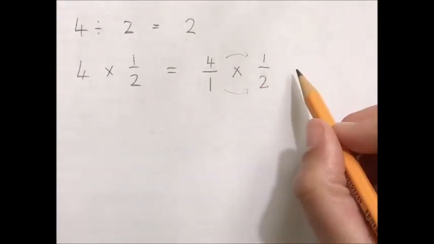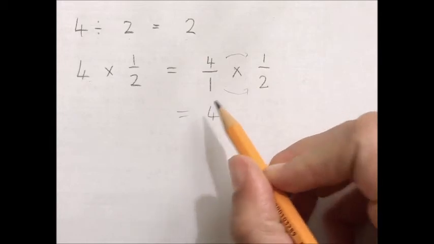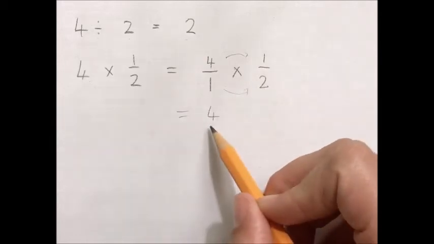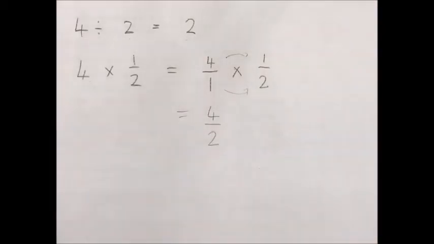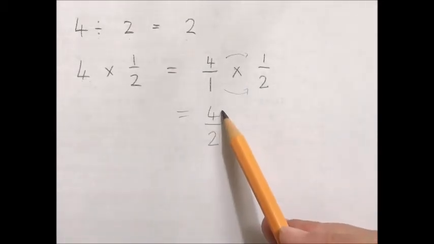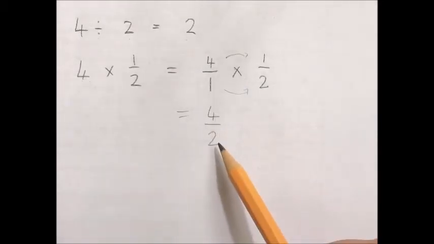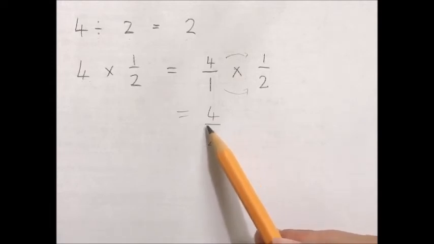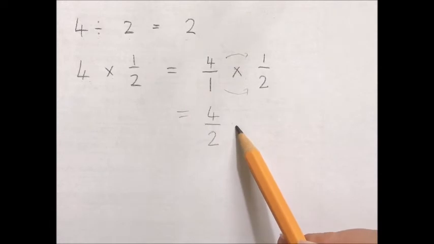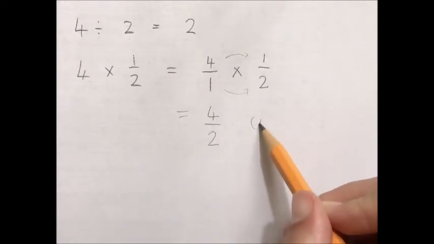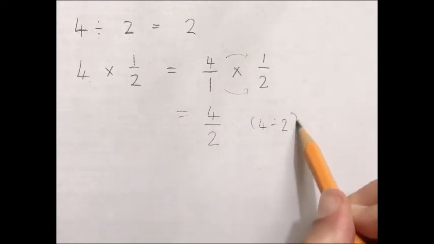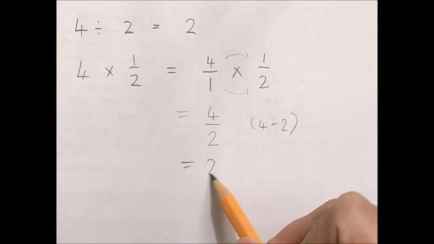4 times 1 equals 4. 1 times 2 equals 2. Now I'm left with an improper fraction. I've got a number at the top that's bigger than the number at the bottom. And remember, this fraction sign actually means divide. So 4 divided by 2, and I'm left with 2.